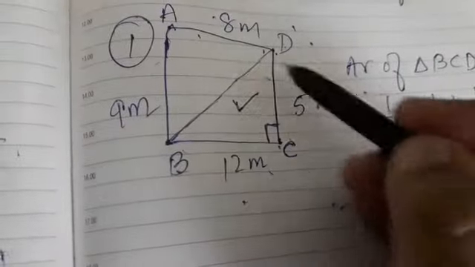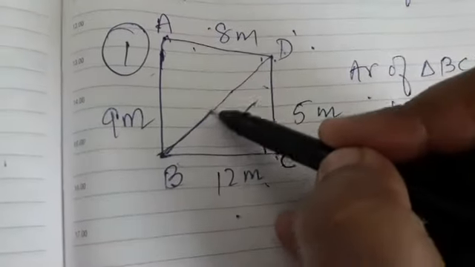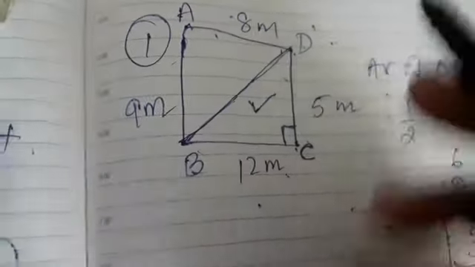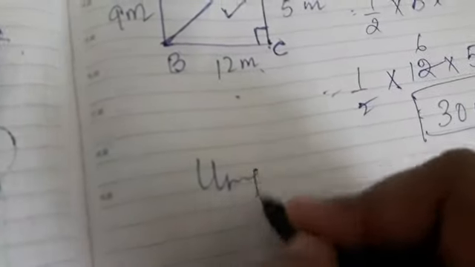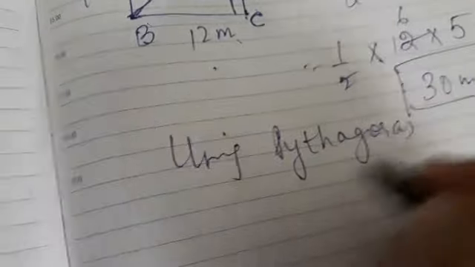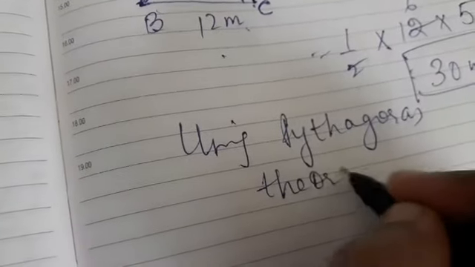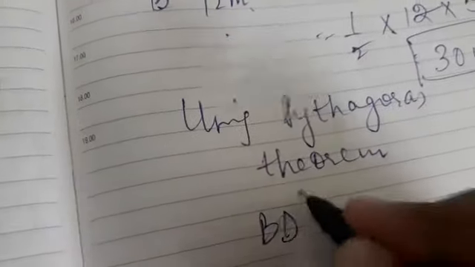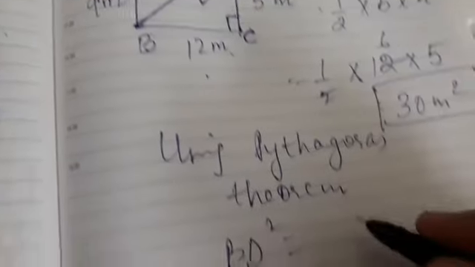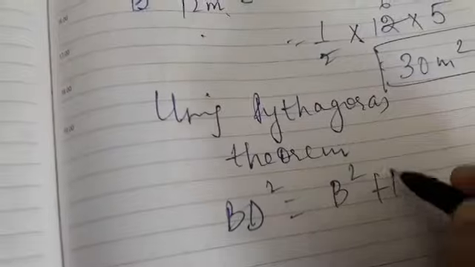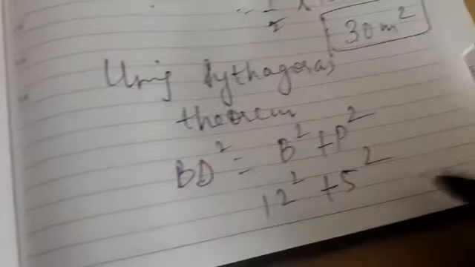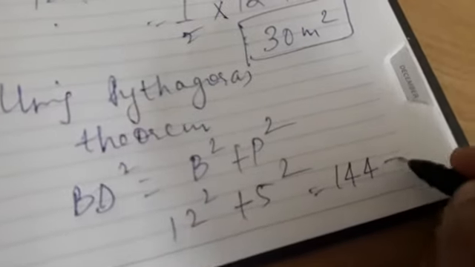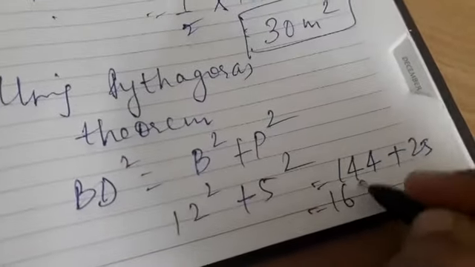Now since this is a right angle triangle, we can find the hypotenuse by using the Pythagoras theorem. So we can write, BD square is equal to h square, which is base square plus perpendicular square. 12 square plus 5 square, which is 144 plus 25, which gives you 169.